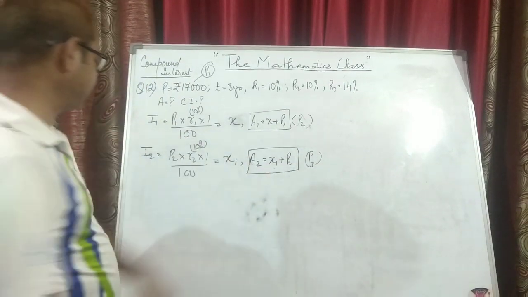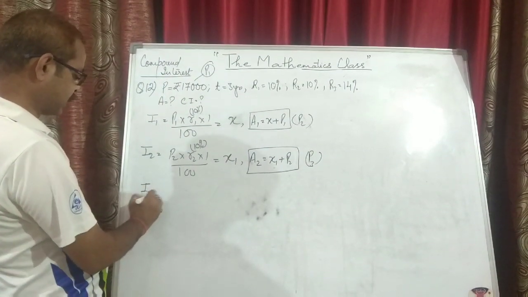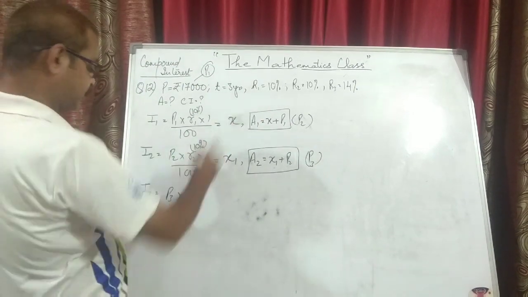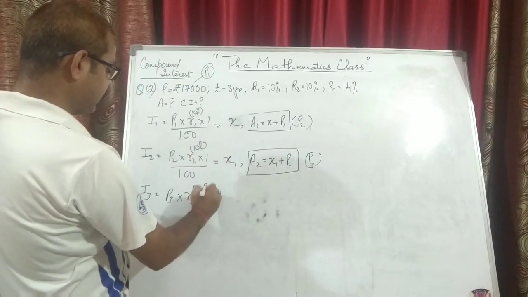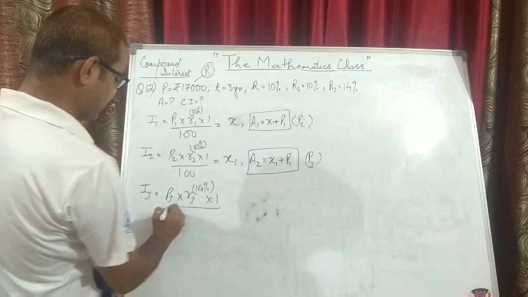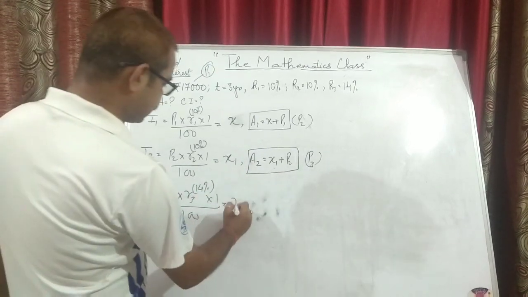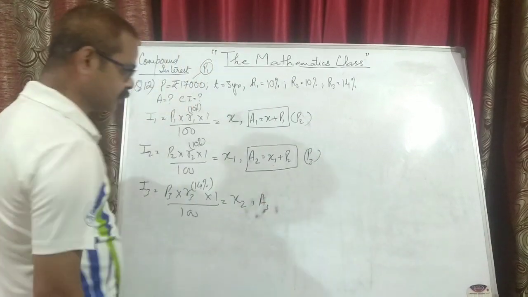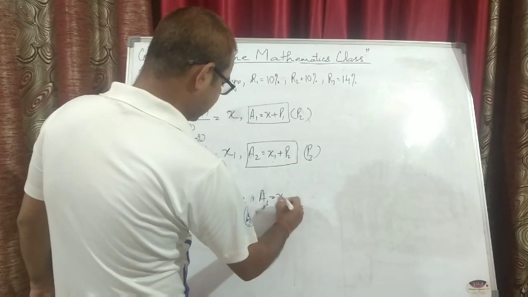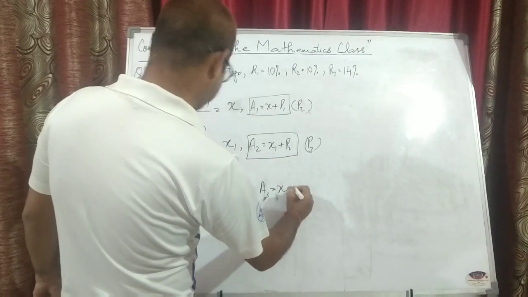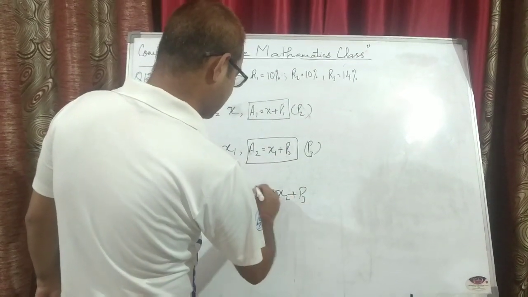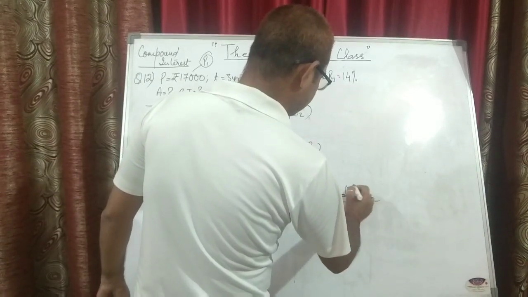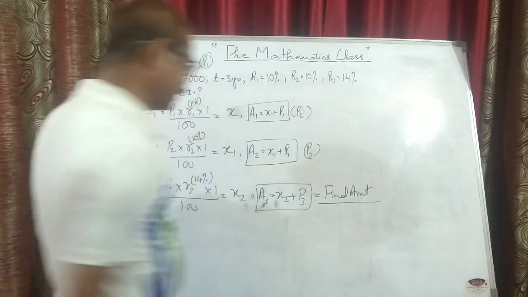Now I3 will be calculated by P3 into R3. R3 is given to you as 14%, into 1 upon 100. Let's say it becomes X2. X2 plus P3 means amount after the 3 years, and this will be the final amount.